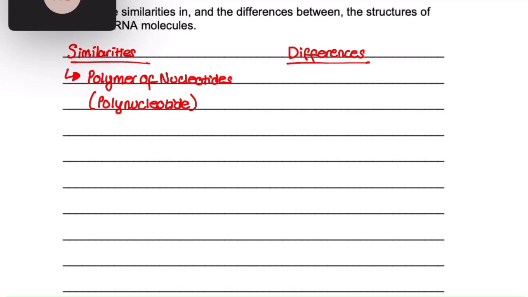So our similarity is both have pentose sugar, nitrogenous base, and phosphate group.